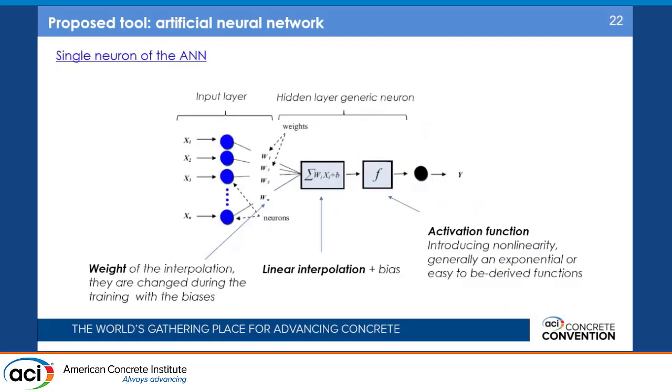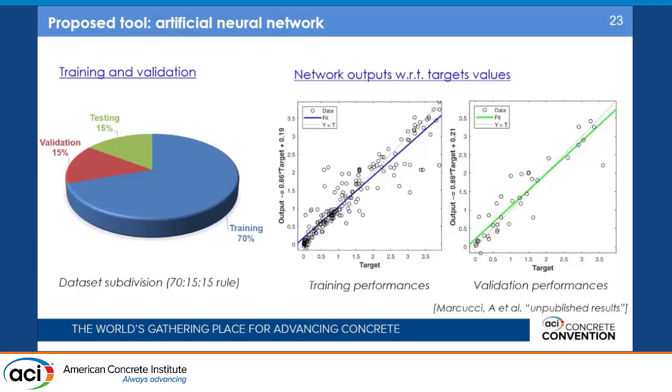So, well, now I'm not going into detail about how the neural network works, but the idea is it works similar to an interpolation. So we have this value, W, which are the weights, and during the training phase, the weights are calibrated to give the best interpolation of the input data.